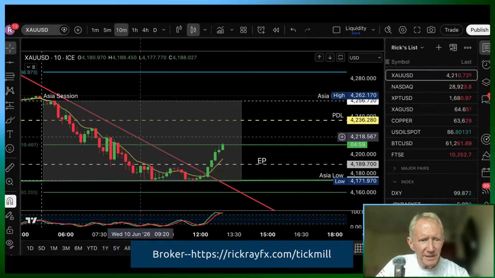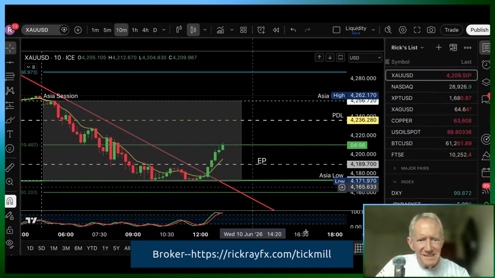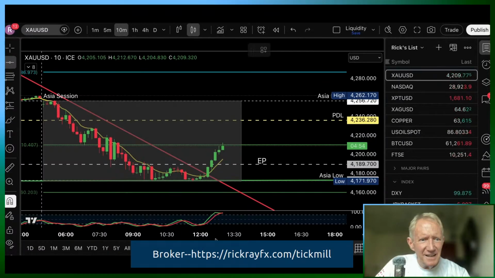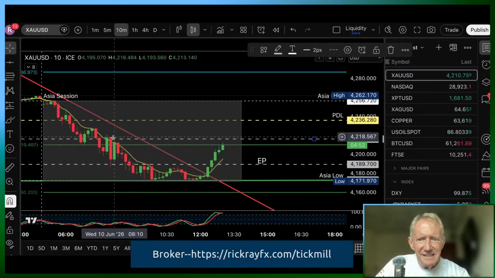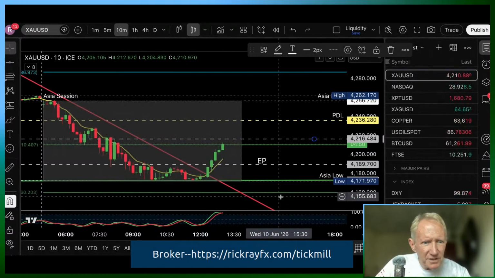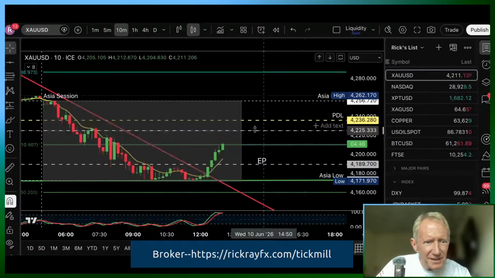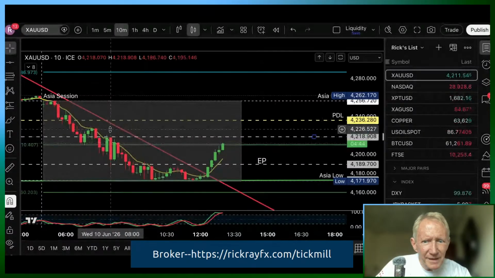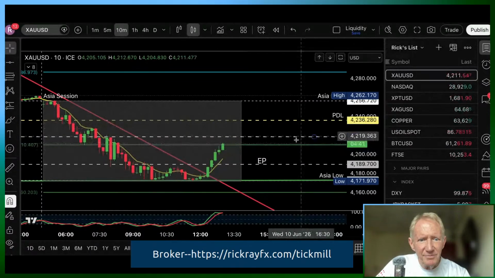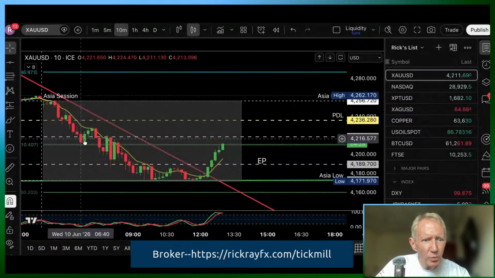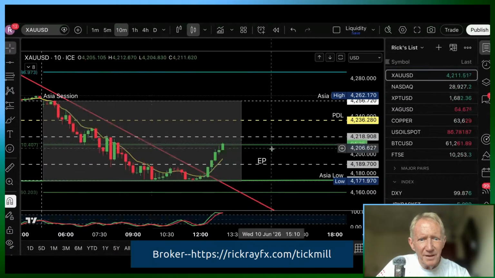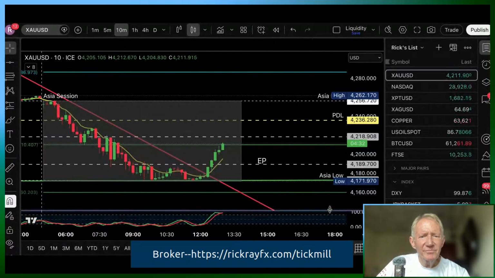Should at least get up to there. 42.16. Let me see if I can adjust that a little bit. Okay, yeah, 42.18. That's the next place where it had support, resistance, support, 42.18. Now at 42.11, 42.12.